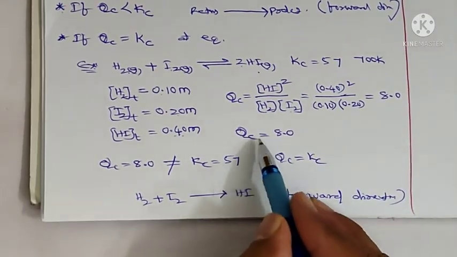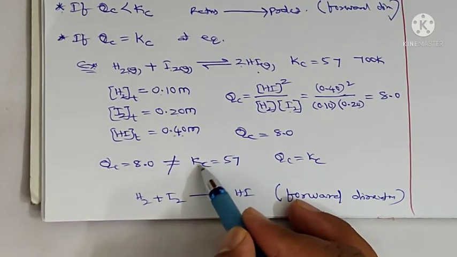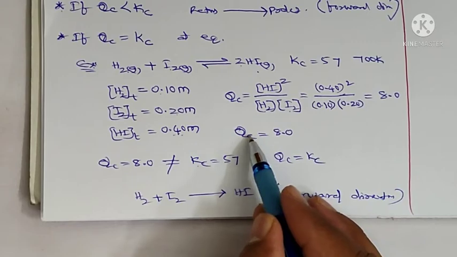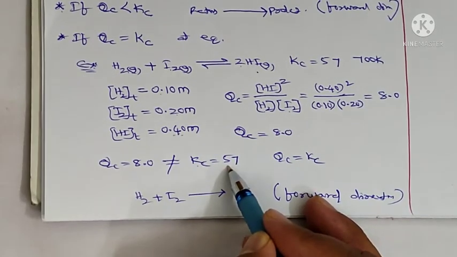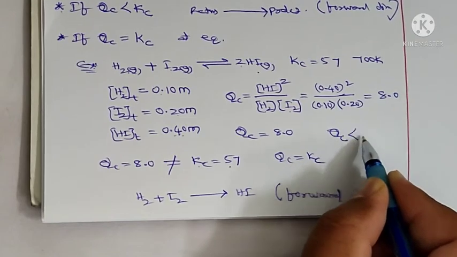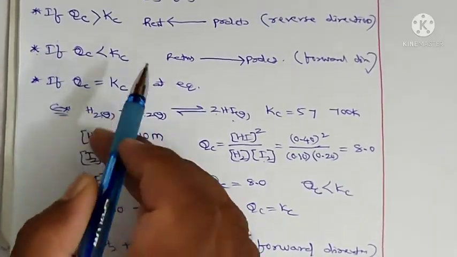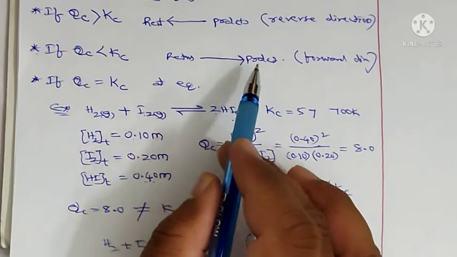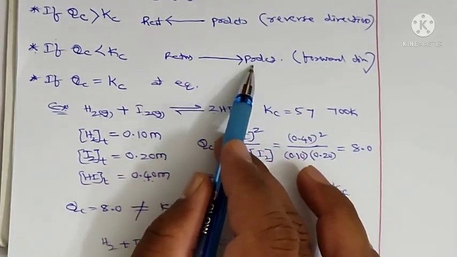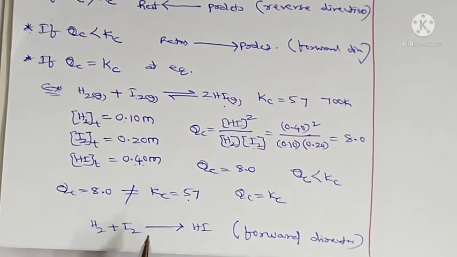Qc is 8, but the Kc is 57, so Qc is not equal to Kc. Here Qc is less than Kc. The direction is forward, from reactants to products.